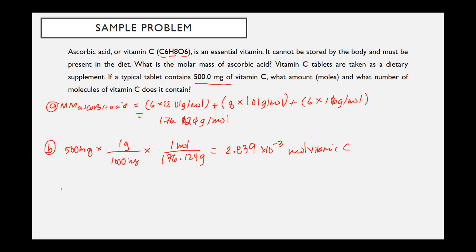For C, number of molecules. We have here the moles, 2.839 times 10 raised to negative 3 moles. And para daw makuha natin yung molecule, we multiply it with the Avogadro's number, which is the 6.022 times 10 raised to 23.